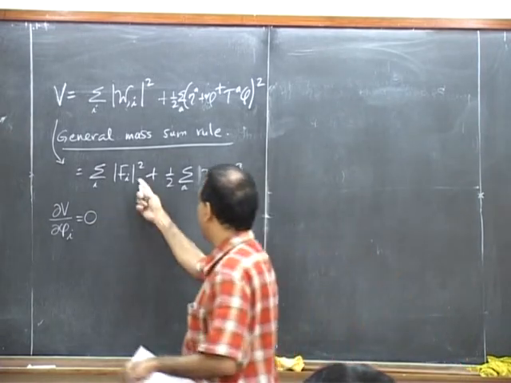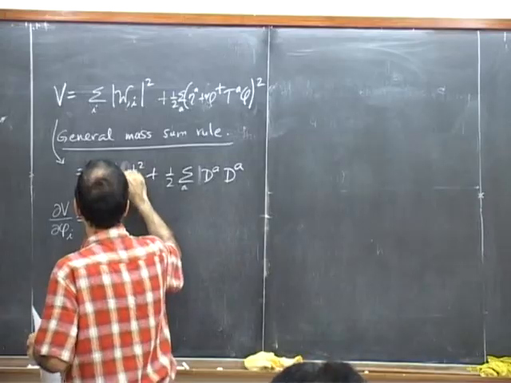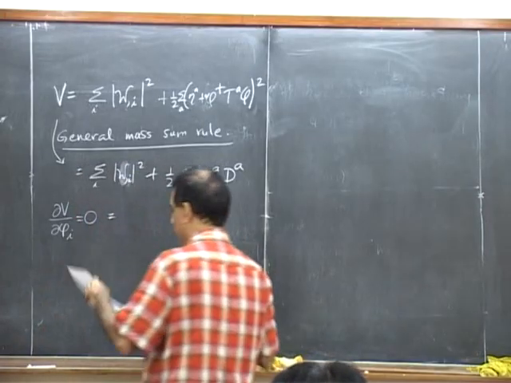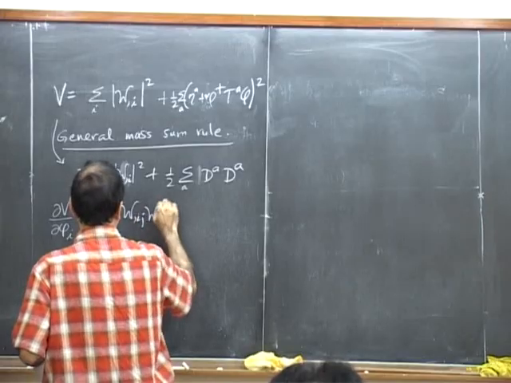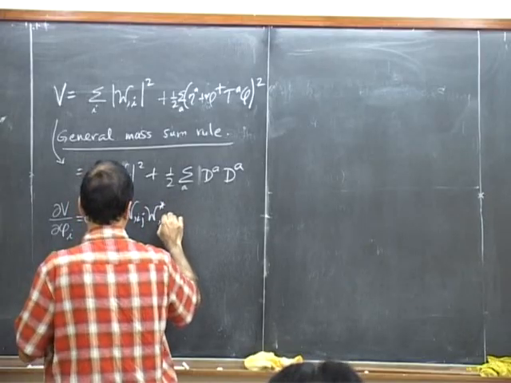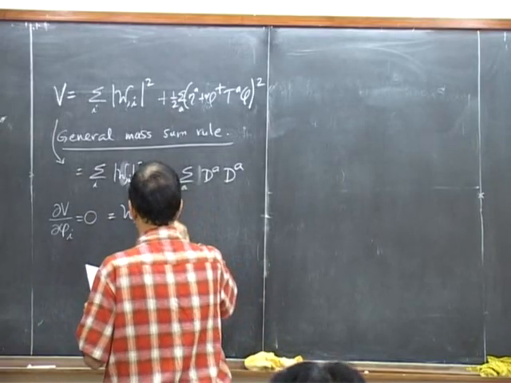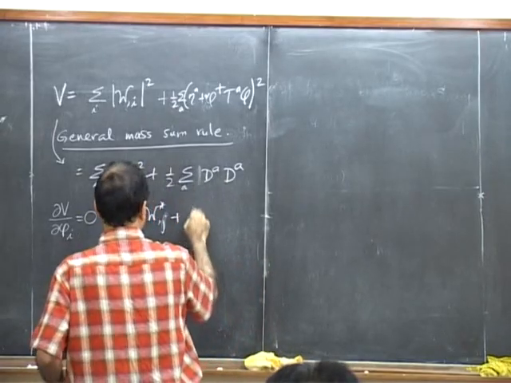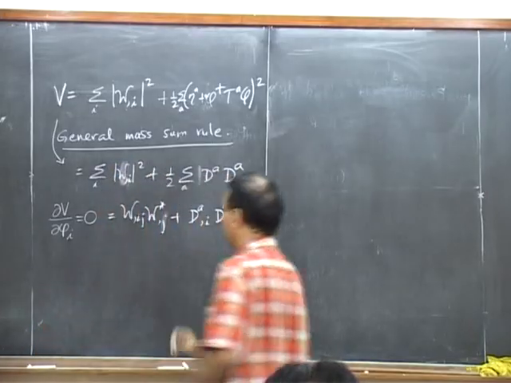So del V by del phi_i is equal to, let's write this as W comma i, the first derivative of the superpotential. So this is W comma ij, W star comma j, plus D_A comma i D_A is equal to 0.